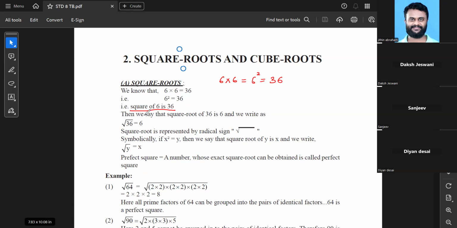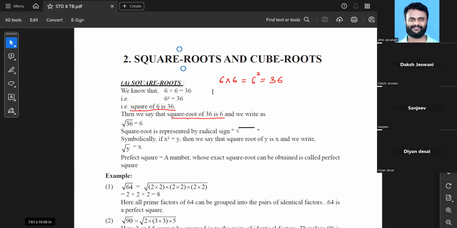Now the inverse, the reverse of square, is called square root. So if the square of 6 is 36, then the reverse, that is the square root of 36, is 6.